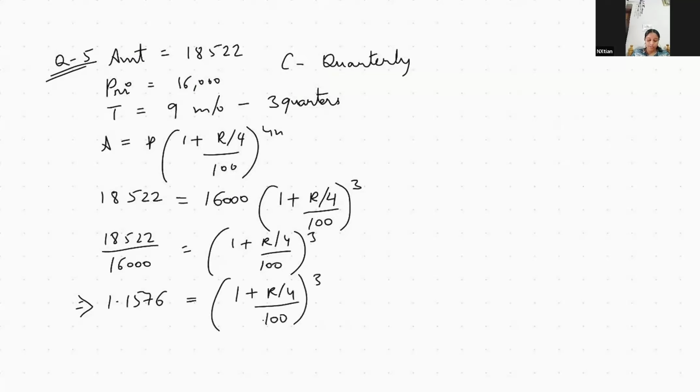Now, 1.1576 is the cube of 1.05. Ma'am, why did you write it in decimal?